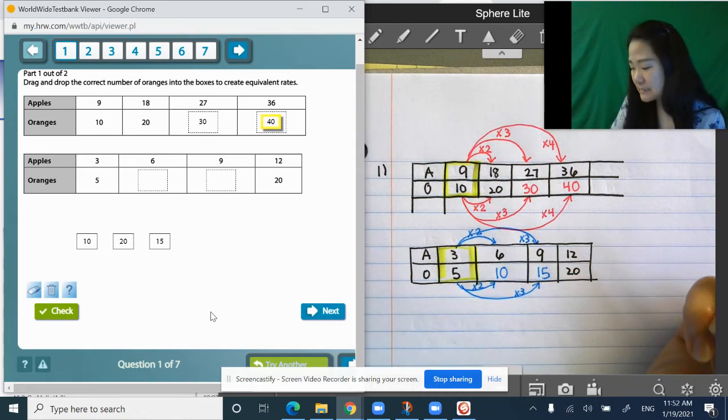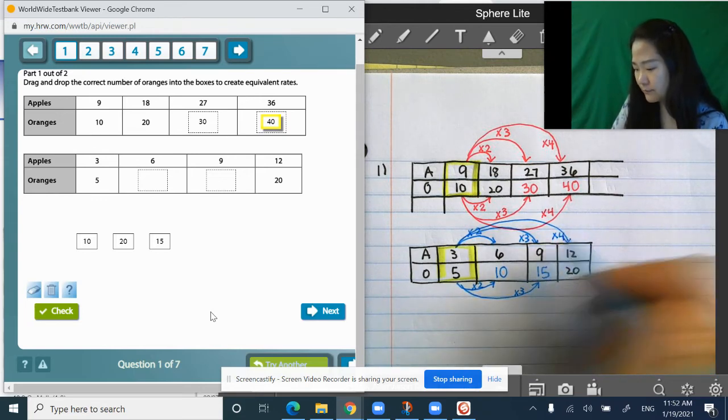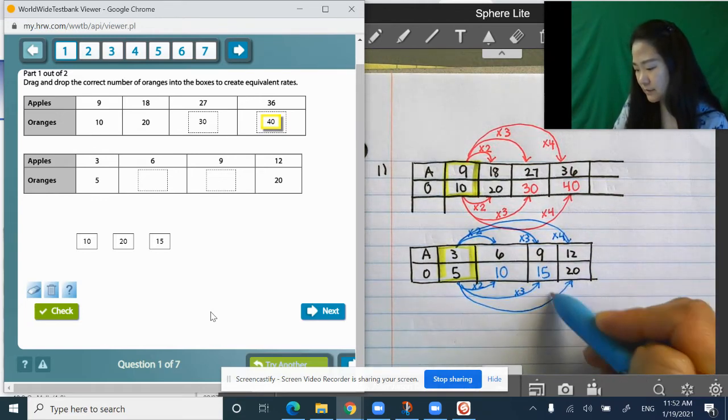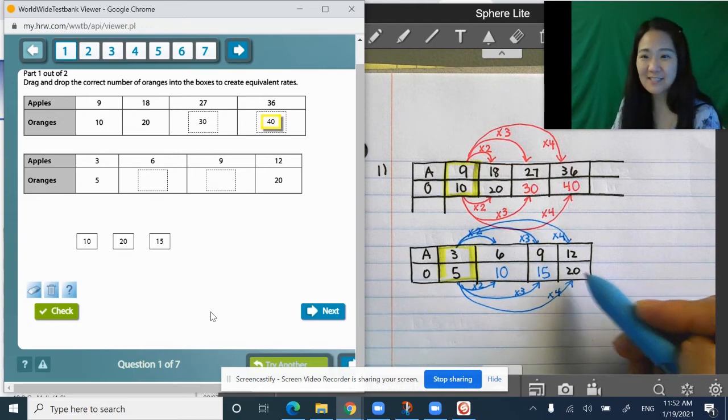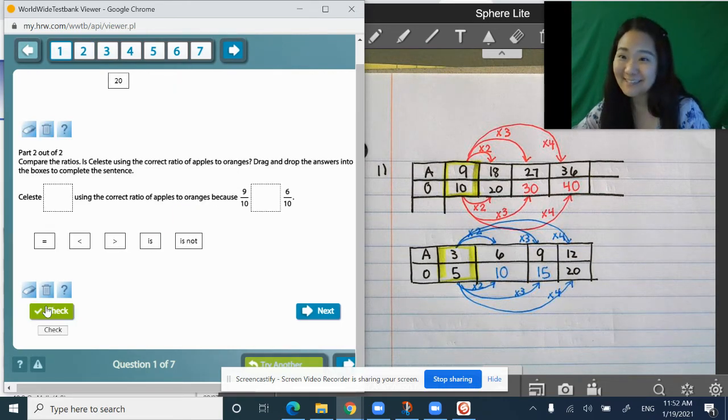Now the other one is given. 3 times 4 is 12. 5 times 4 is 20. I just know that those are correct. So now I'm going to drag 10 and 15, check. And then that's correct.